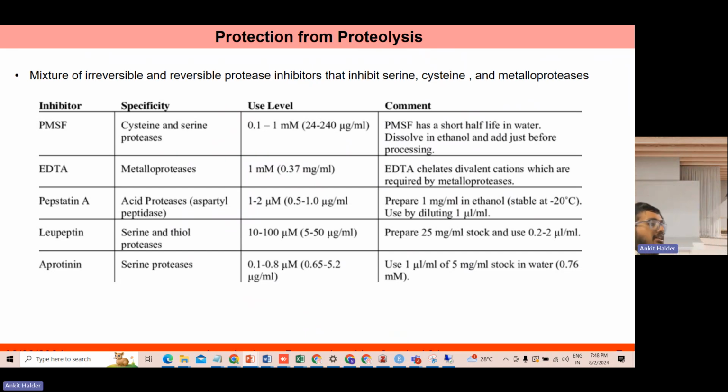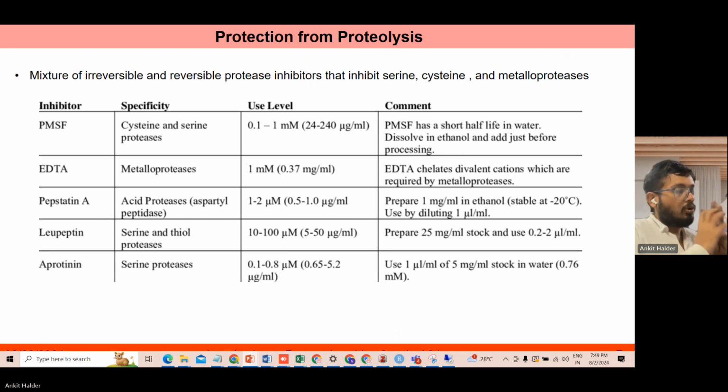One is the serine proteases, another the cysteine proteases, another the metalloproteases, and there are also acid proteases. But majorly the three types are serine, cysteine, and metalloproteases. So we need both reversible and irreversible protease inhibitors.